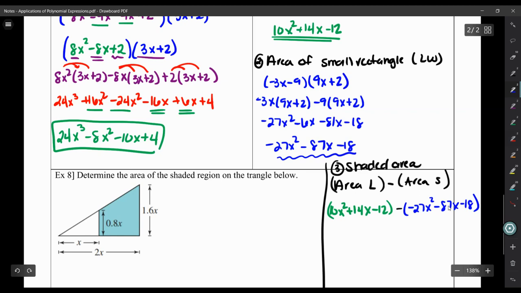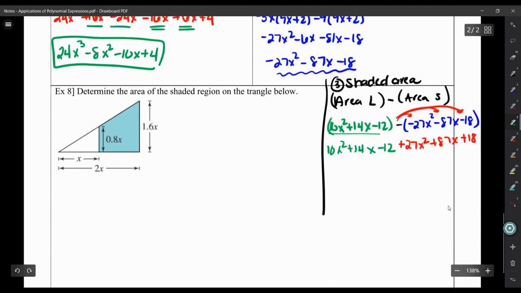And now we figure out what the area is. So we're going to simplify this down. I'm going to distribute out my minus. So this is a positive 27x squared. This is a positive 87x, and this is a positive 18. And now we're going to drop the green one down because there's no negative in front of it.